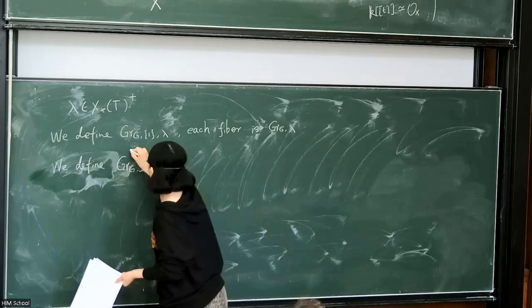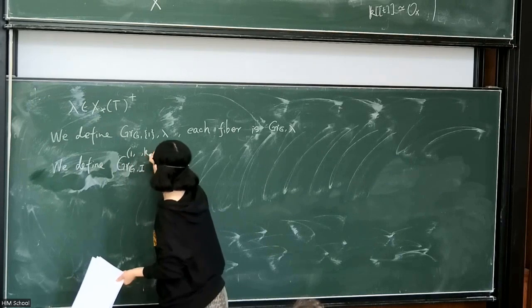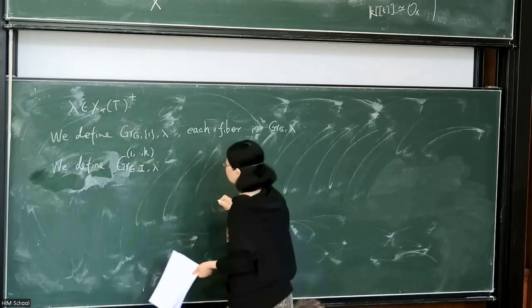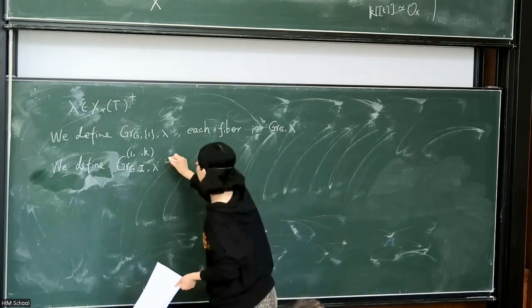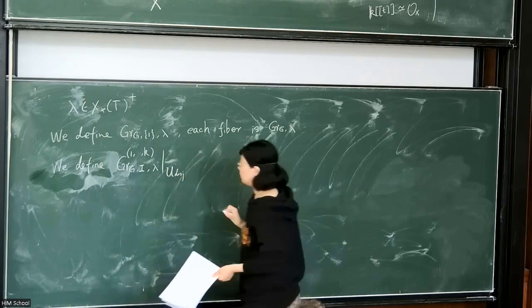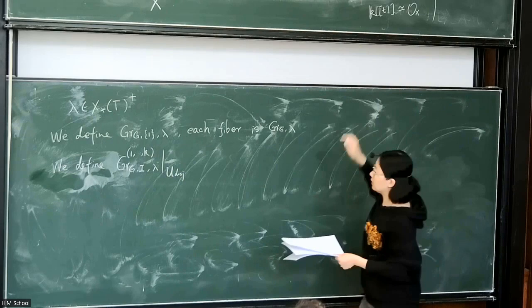And now when there are several copies, in the general case, for this one, we define it first only over the disjoint open, the open of this one.